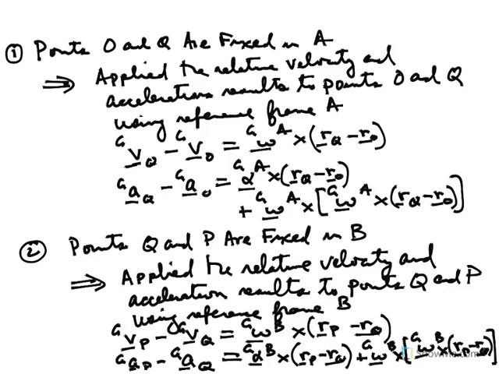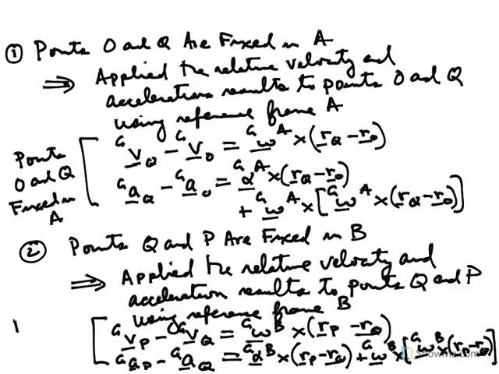So we actually used the results again. Here you notice that we used points O and Q fixed in A, and here we used points Q and P fixed in B. That's how we did it.